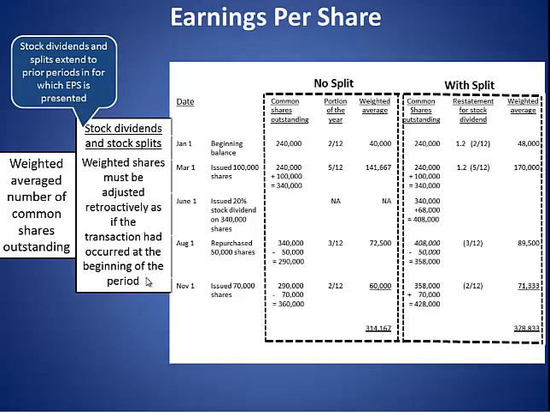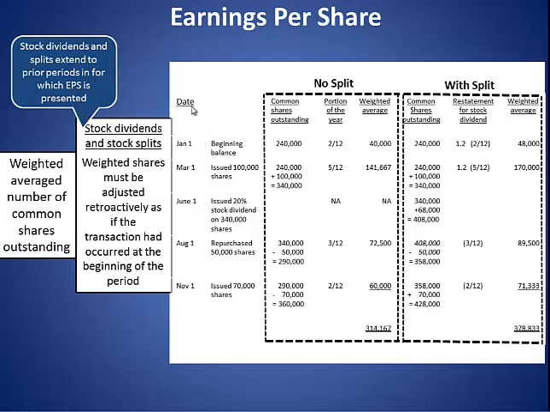Also, if we present earnings per share for prior year financial statements, the earnings per share for those prior years must also be retroactively adjusted. So stock dividends and stock splits extend to prior periods in which EPS is also presented.